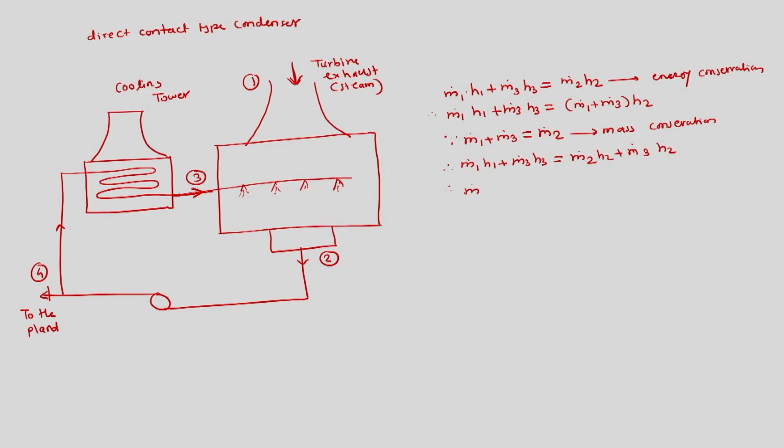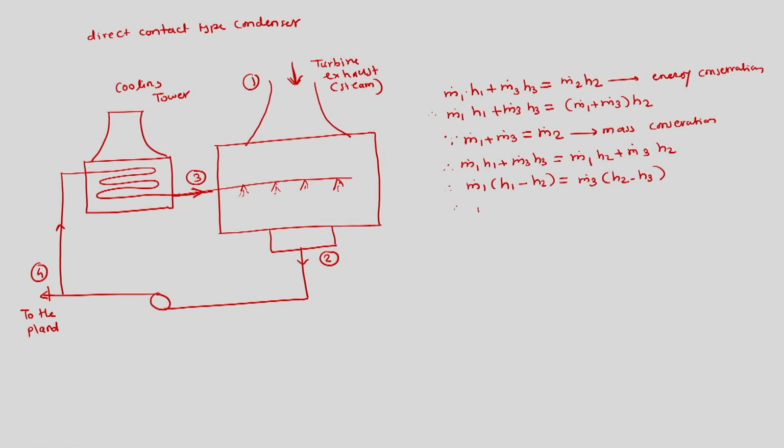So we can have m dot 1 into (H1 minus H2) is equal to m dot 3 into (H2 minus H3).